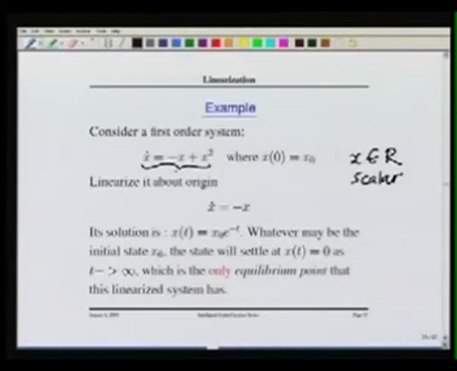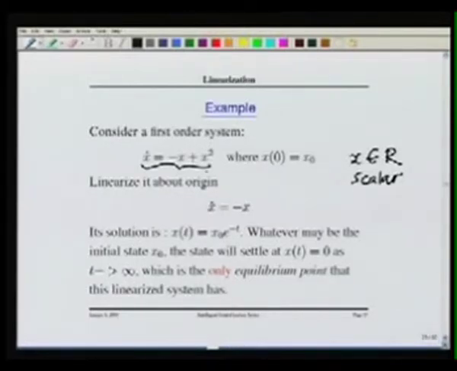It is a scalar differential equation, but nonlinear because of this term x square. You can verify that this equation will not follow the principle of superposition. You linearize it about the origin.